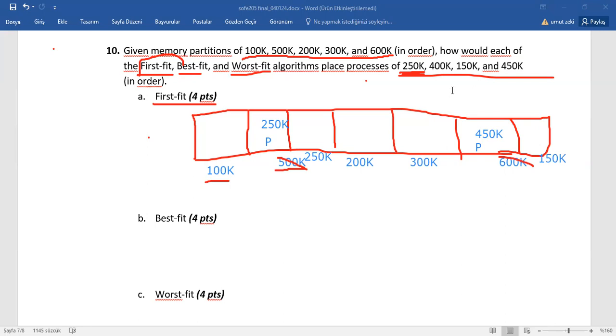Sorry, it is 400K. This is the process, and the remaining is 200K.